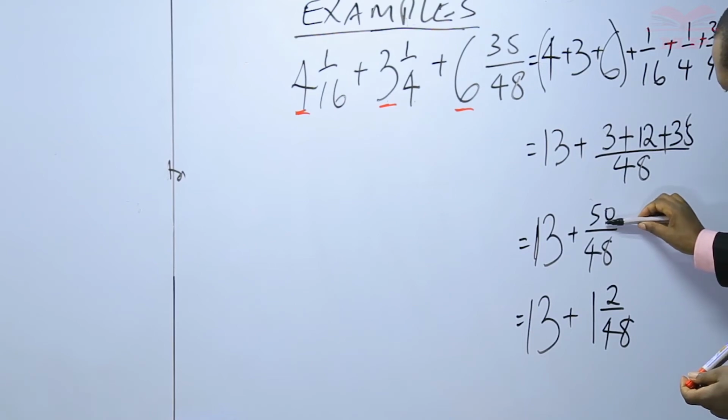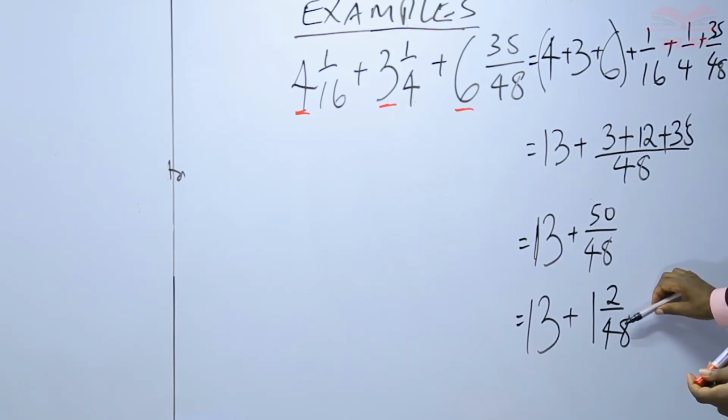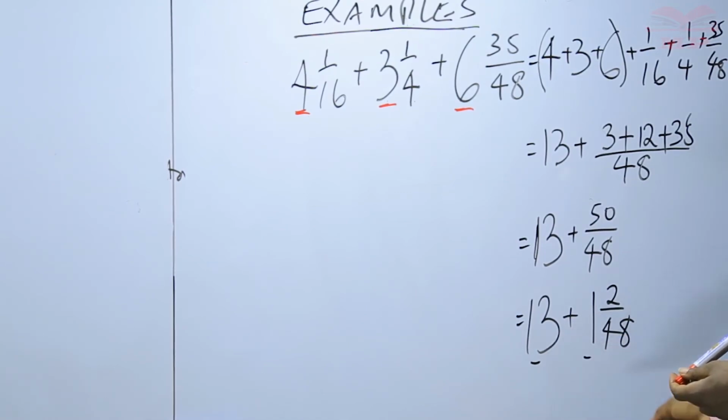We converted this improper fraction into a mixed number. After that, we add the whole numbers, 13 plus 1, which is 14.